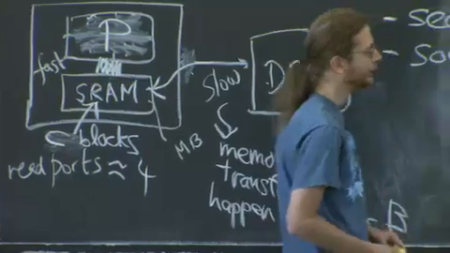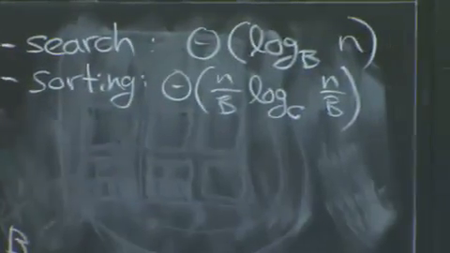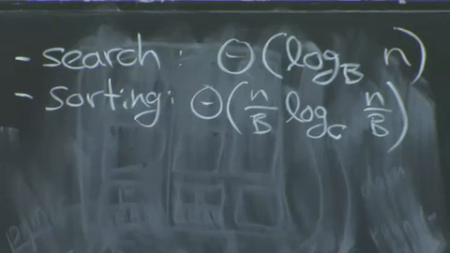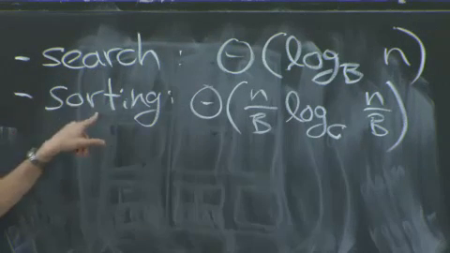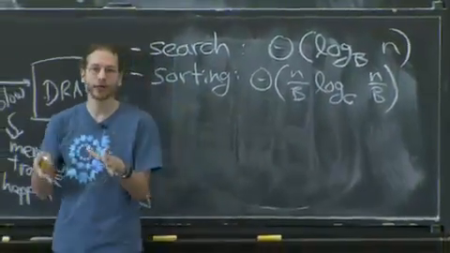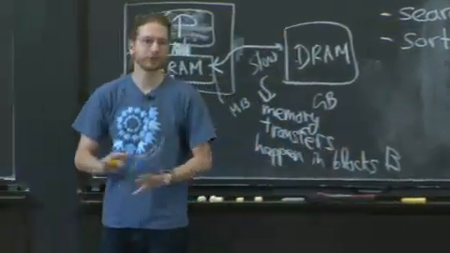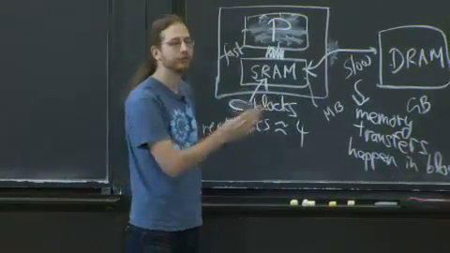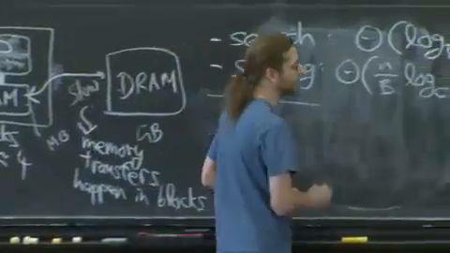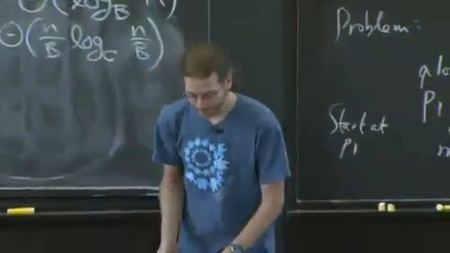It's upper and lower bounds in the comparison model. Just to give you a flavor, and there's a whole study of algorithms that do this. What's really cool is you can achieve these bounds even if you don't know what B is and if you don't know what C is. There's one algorithm that whatever the architecture is underlying it will still achieve the same bounds. Those are called cache oblivious algorithms, and they were invented here at MIT.